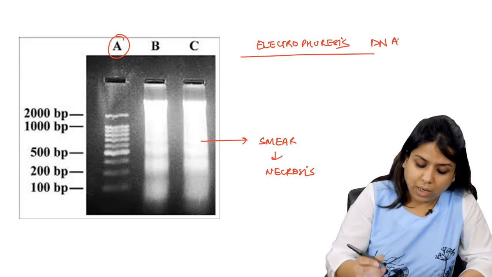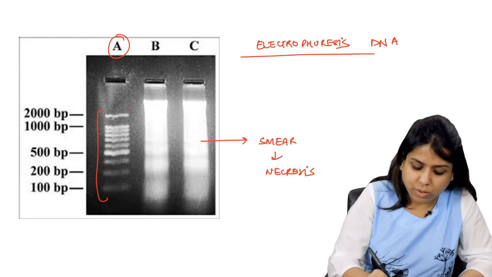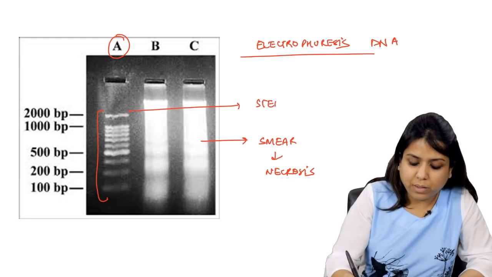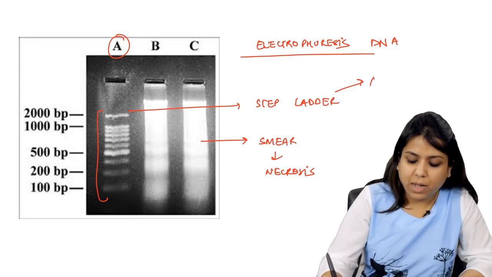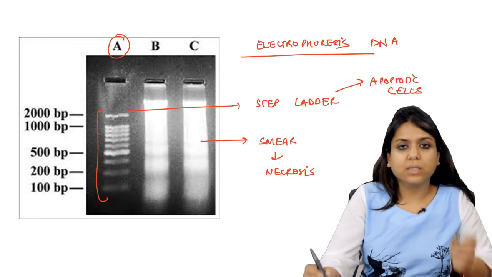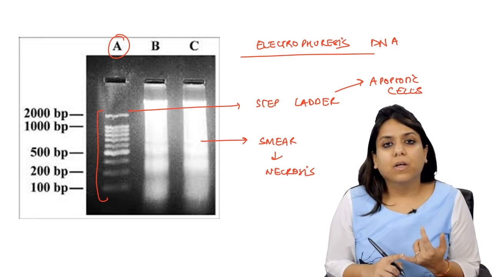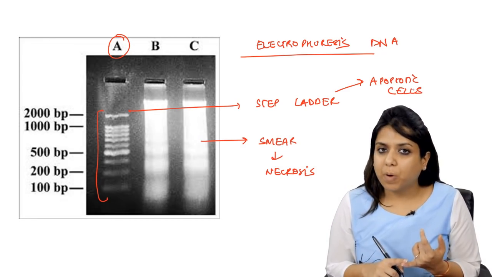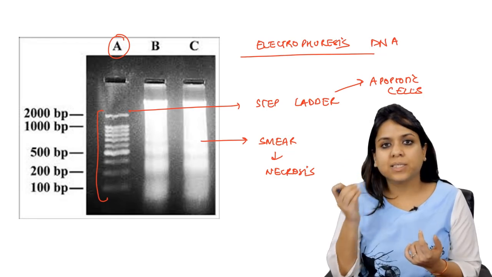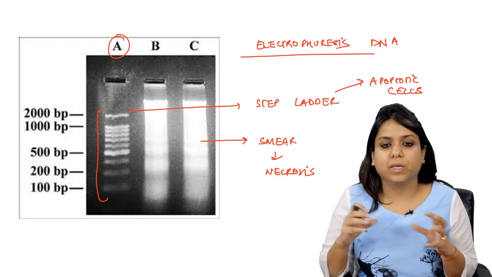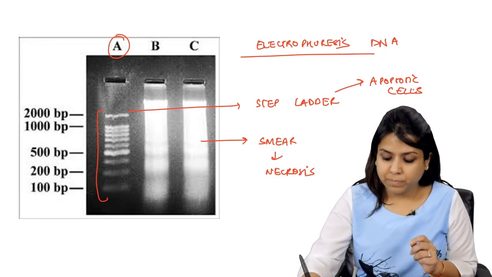The A image shows a step ladder pattern, and the step ladder pattern is seen in apoptotic cells because of endonuclease activity, and the necrotic cells show a smear pattern.